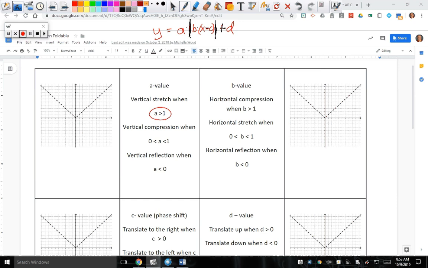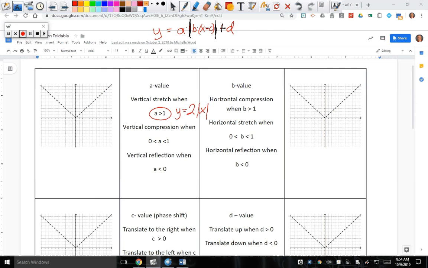So what you did with your groups, or the partner that you got assigned to just moments ago, addition and subtraction do something, and multiplication and division do something different. So, vertical stretch. That could be something like a is bigger than 1.